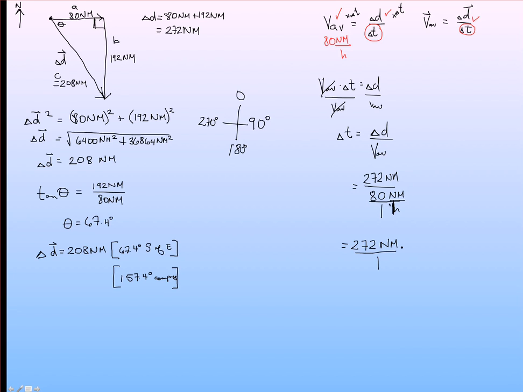So 1 hour over 80 nautical miles. The units of nautical miles will cancel, and we get an answer of 3.4 hours. Hours are the only units that are left over, and thus appear in the answer. That's our delta t.